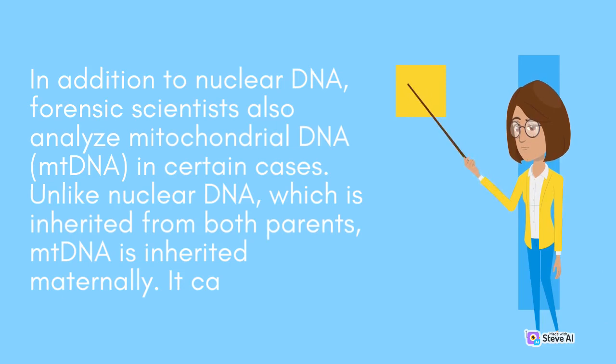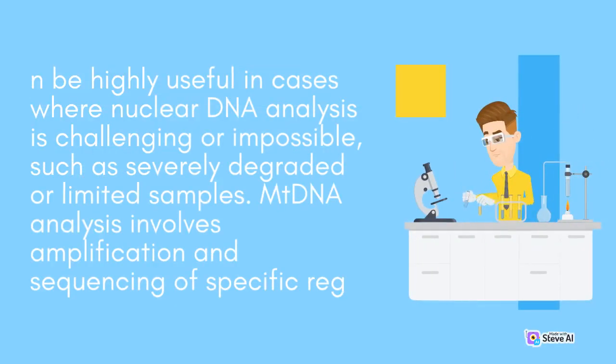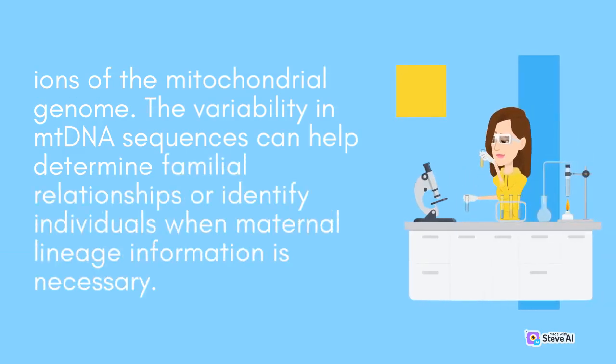It can be highly useful in cases where nuclear DNA analysis is challenging or impossible, such as severely degraded or limited samples. mtDNA analysis involves amplification and sequencing of specific regions of the mitochondrial genome. The variability in mtDNA sequences can help determine familial relationships or identify individuals when maternal lineage information is necessary.